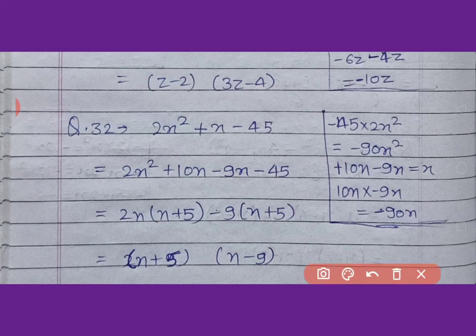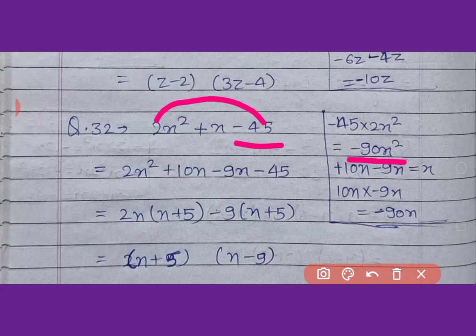You have to remember all these types of things. Now 2x square plus x minus 45. Now 45 will be multiplied with 2x square, so it is getting minus 90x square. We have to find numbers in which 90 comes but their subtraction will be 1. So it is very easy. 10 9s are 90 and 10 minus 9 is equal to 1.